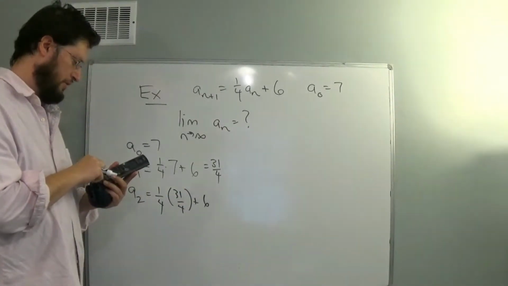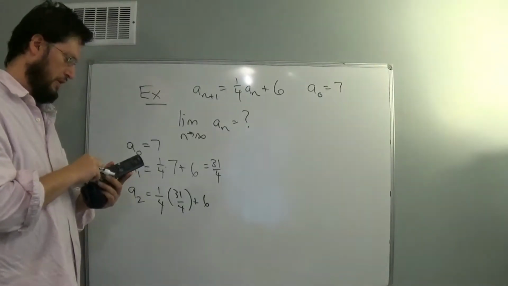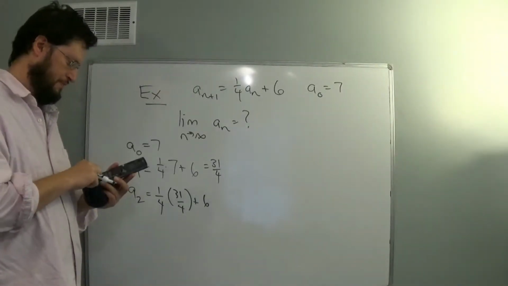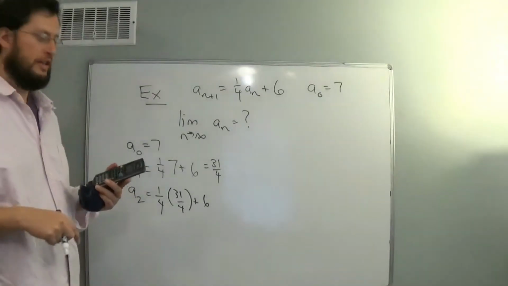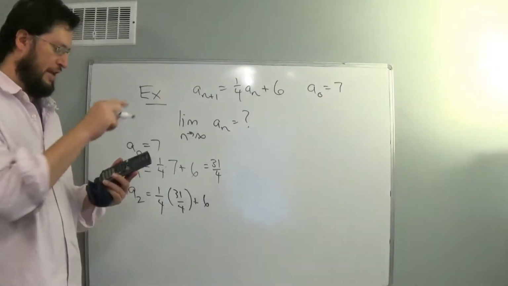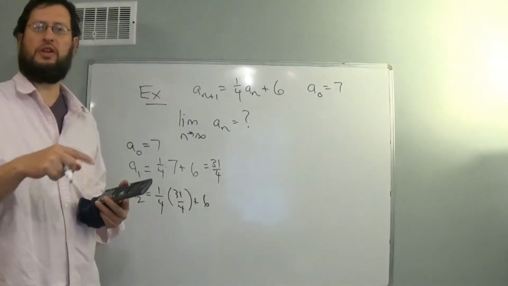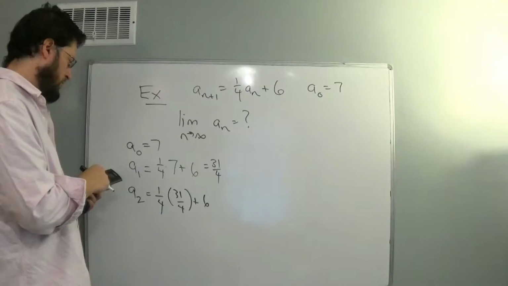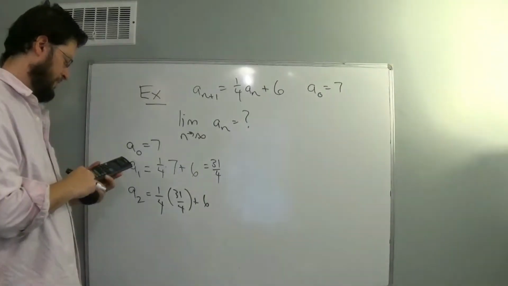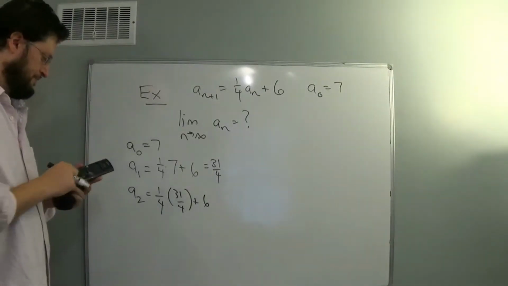So that's what I'm going to do. I'm going to do 1/4 multiplied by the answer. Remember that on the TI-83/84, that's second answer, down by the decimal point. So 1/4 times the answer plus 6, and then hit enter.